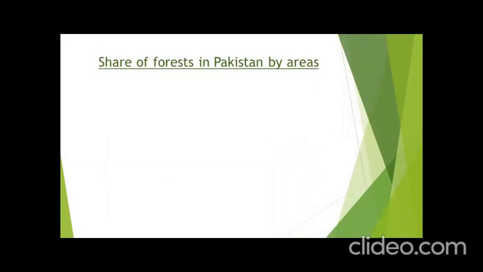Now let's discuss the share of forest in Pakistan by area. Do you people know that Pakistan does not have great forest resources?